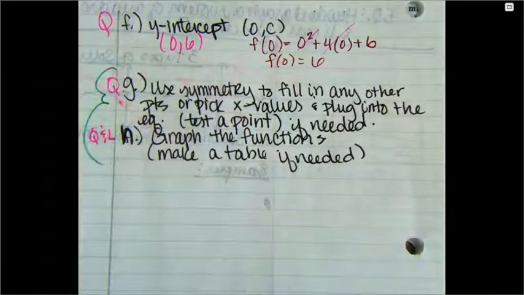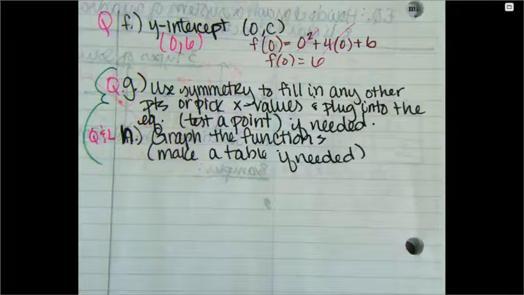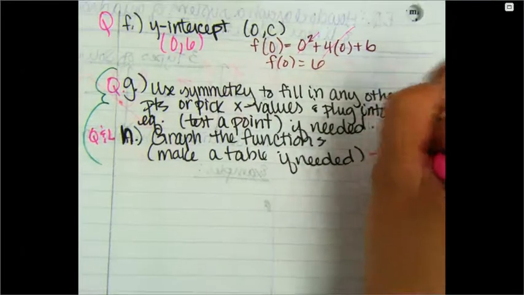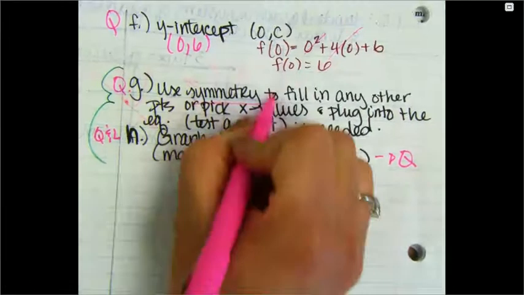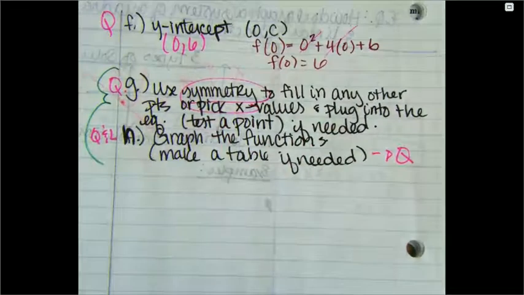We're not going to make a table for the linear function because I can just count rise over run, right? I don't need to make a table there. The table's going to come in handy for the quadratic, and I'm going to show you that later. So a table might be needed for quadratic. It doesn't mean a huge table, it just means maybe plug in one point. And then you use your symmetry to graph the points.